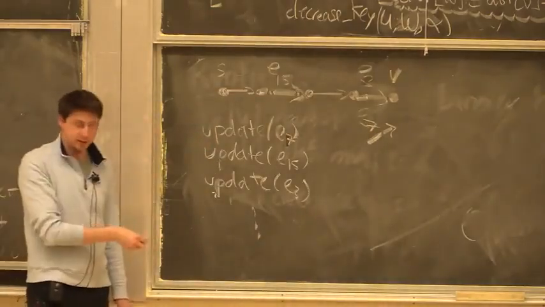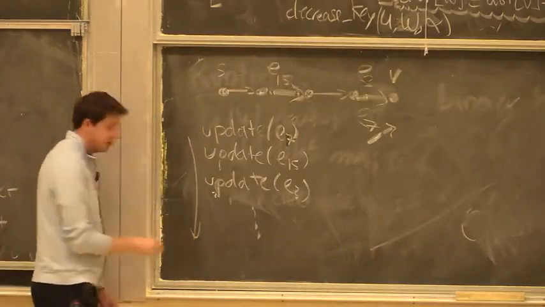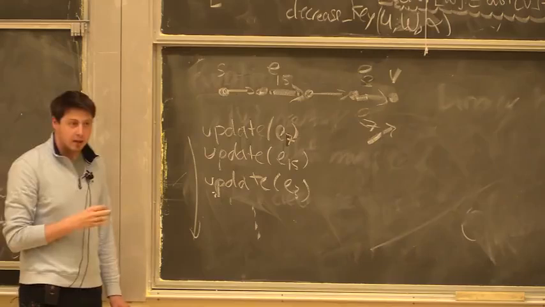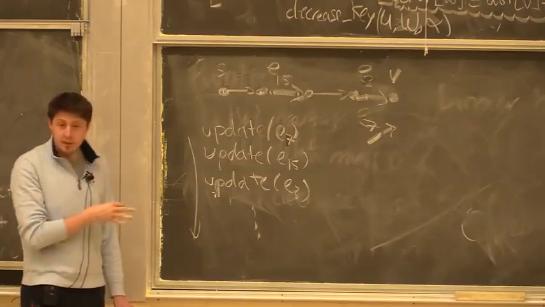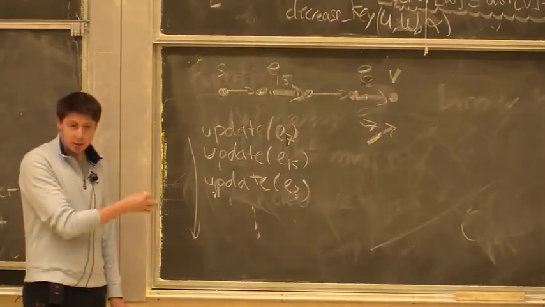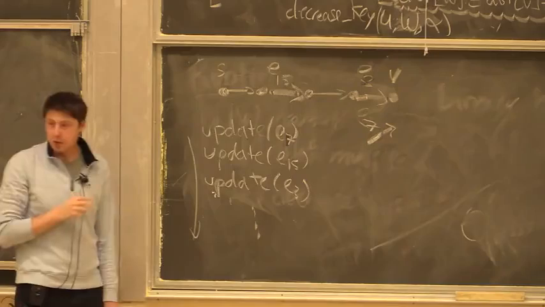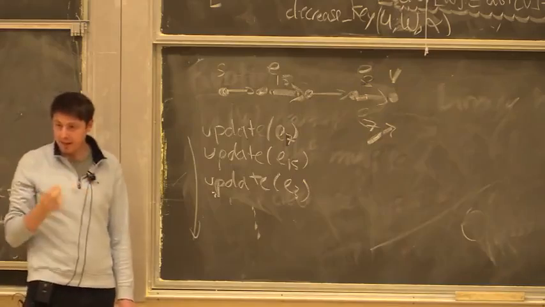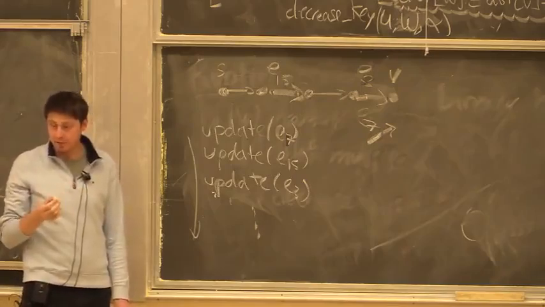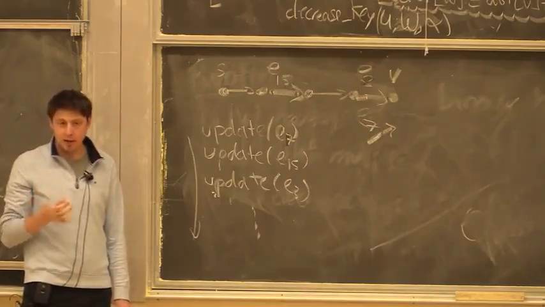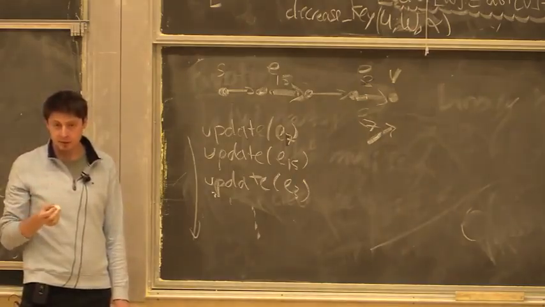Now here's an observation. Now consider this sequence, okay? It's ordered, okay? So this is a sequence of updates that I'm doing for whatever reason. If as a subsequence of this sequence, I find these in order, I want to claim that then we will have a correct answer on V. Okay?